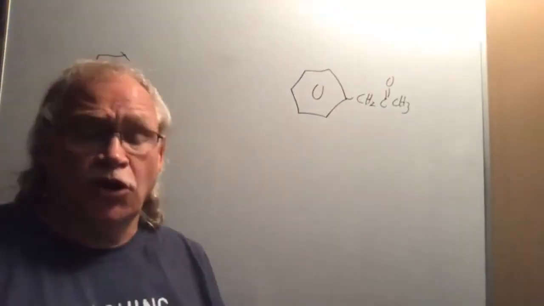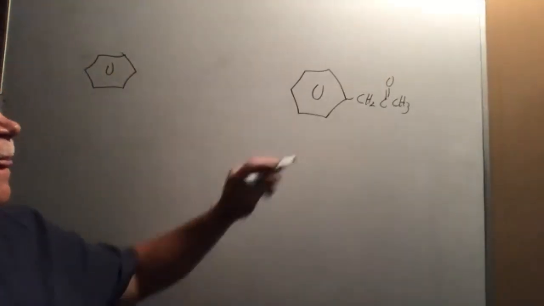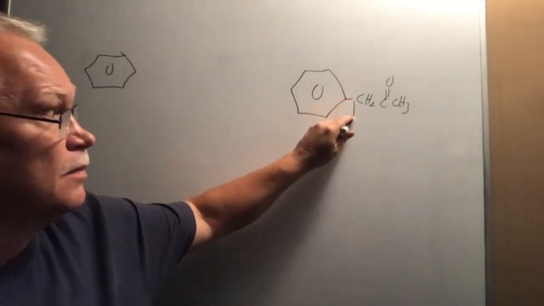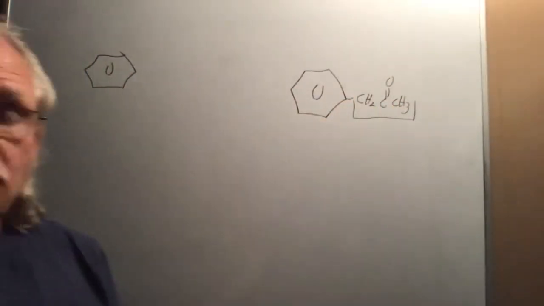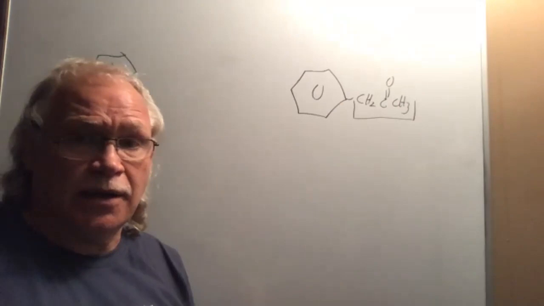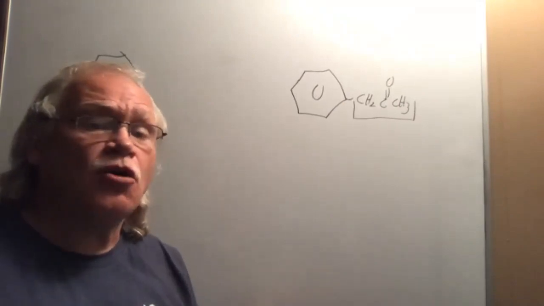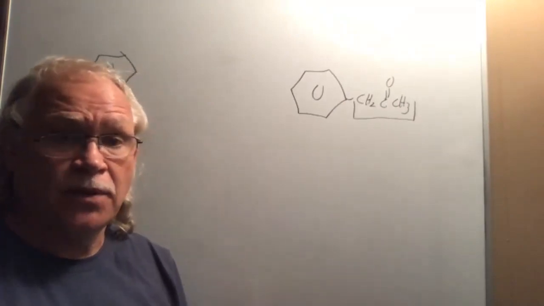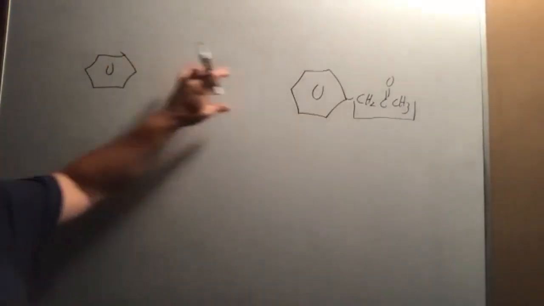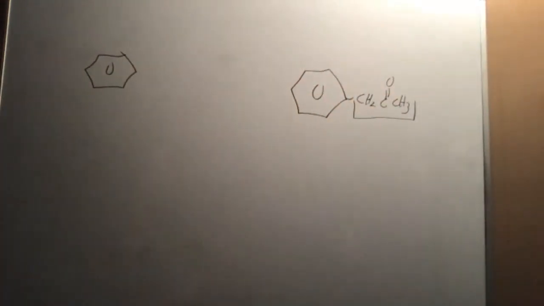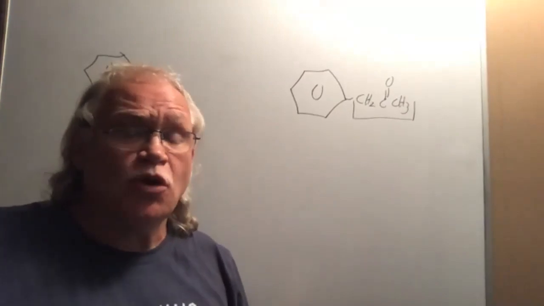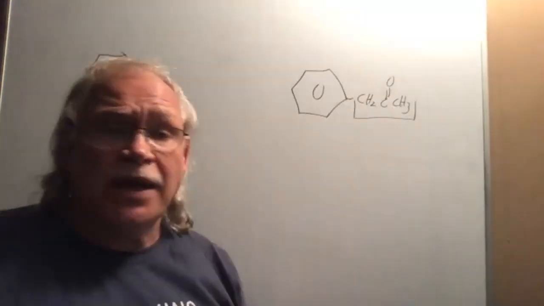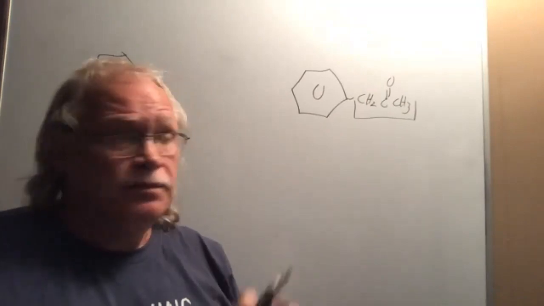I'm going to tell you that when you put a complex substituent on an aromatic ring, that's not going to be done in a single step. Students would want to take this and add some magic group to add that. And that's not the answer. Okay?